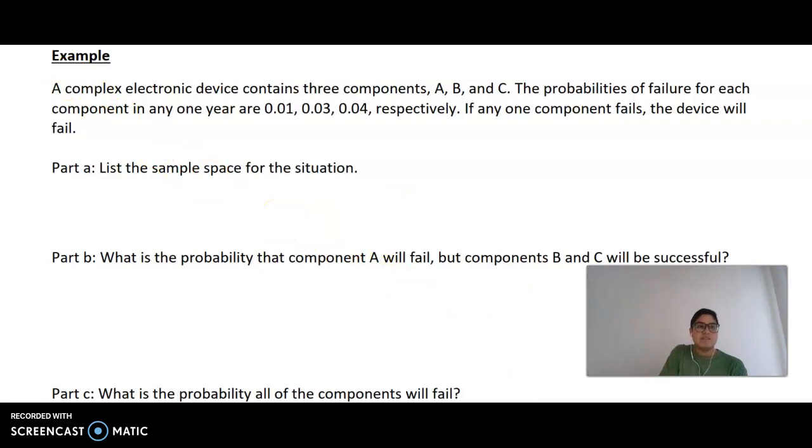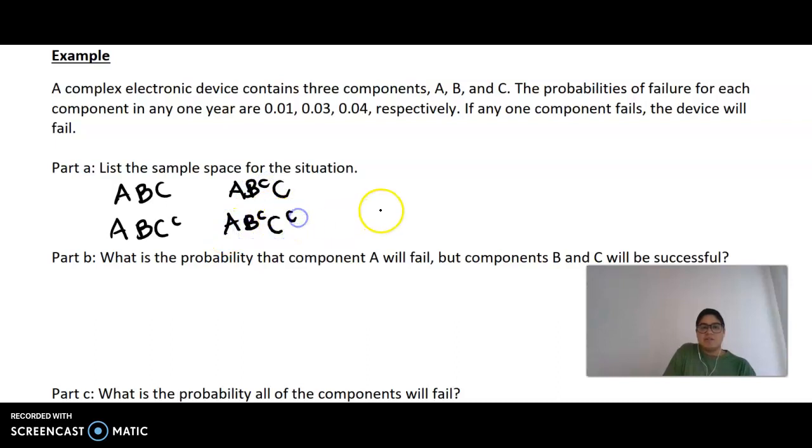So let's look at our sample space for the situation. What we've got here, and actually I had to write this on my paper here, the possibilities are all of the components fail, or perhaps the last component fails, or perhaps the middle component fails, or perhaps the middle and the last component fail, or maybe we have a failure right off the bat, or maybe the failure occurs first and last, or maybe we have 2 failures in a row, but the third one's fine, or maybe all of them.